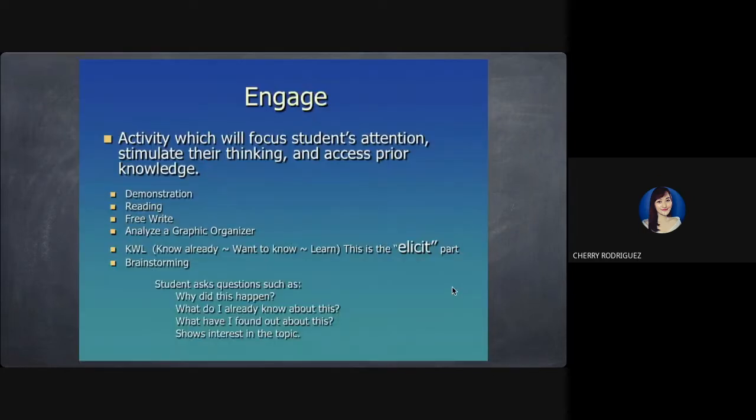In the engage phase, the activity focuses students' attention, stimulates their thinking, and accesses prior knowledge.